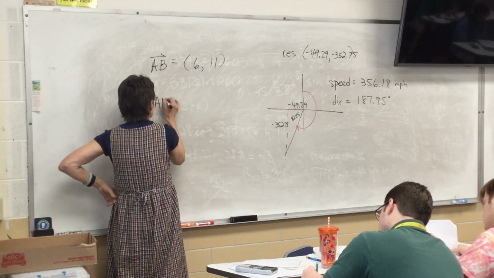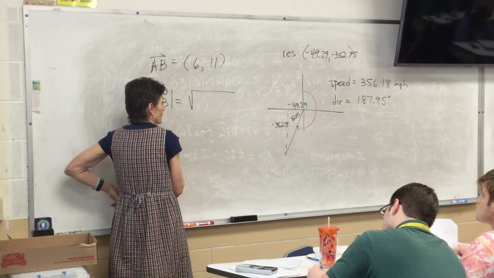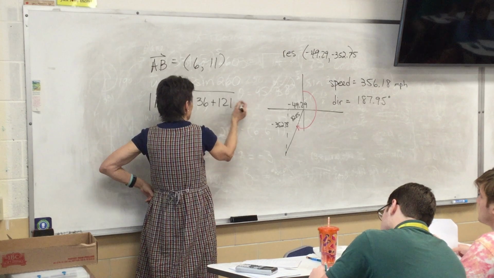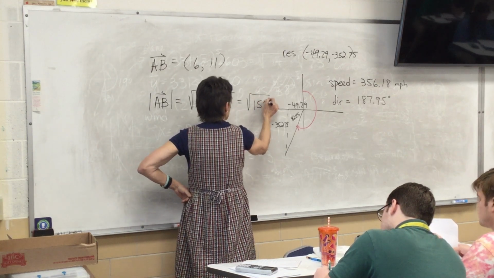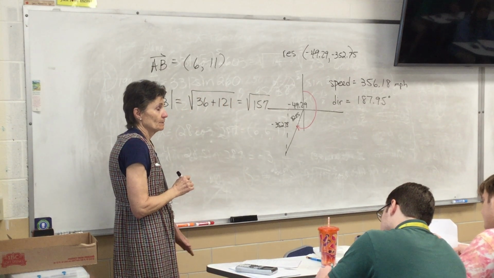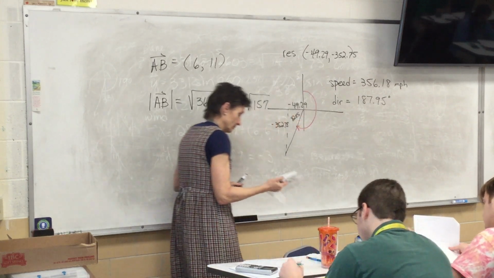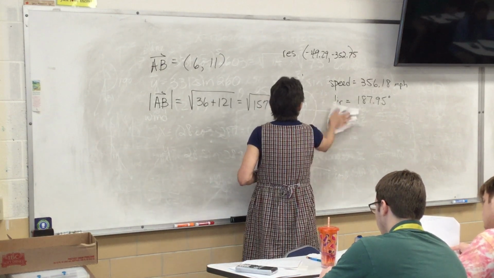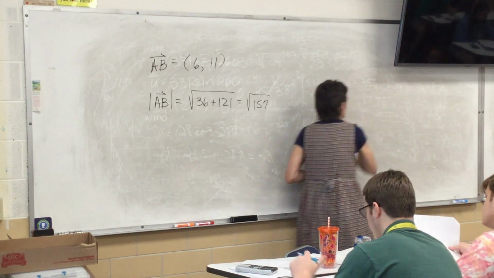What is the magnitude of vector AB? Square root of 36 plus 121, which is the square root of 157. Now, every vector has a corresponding unit vector in the same direction.